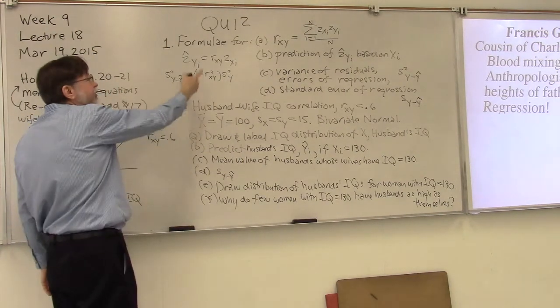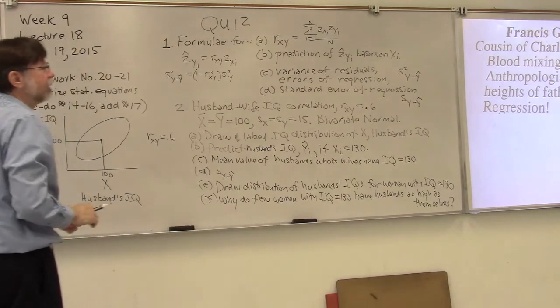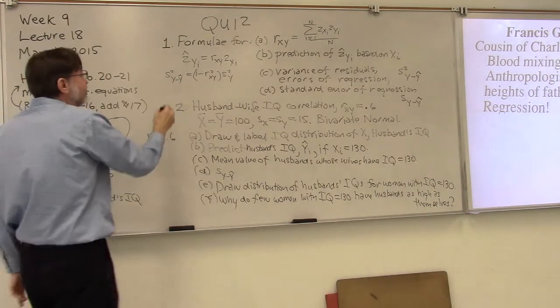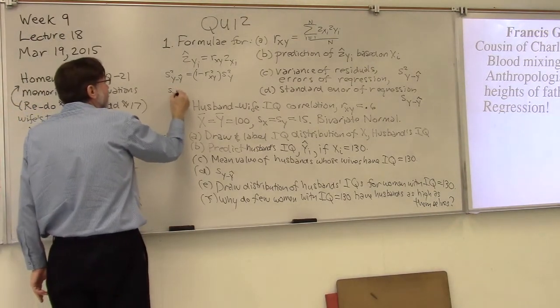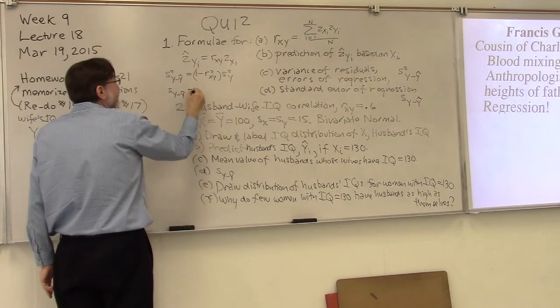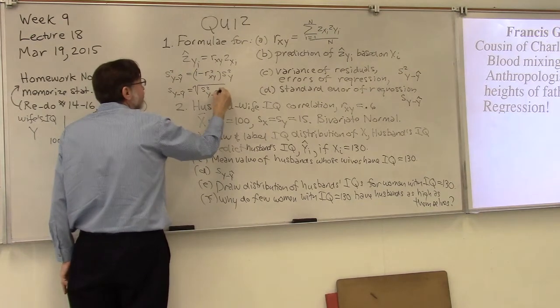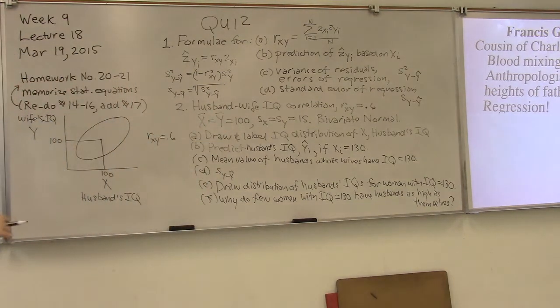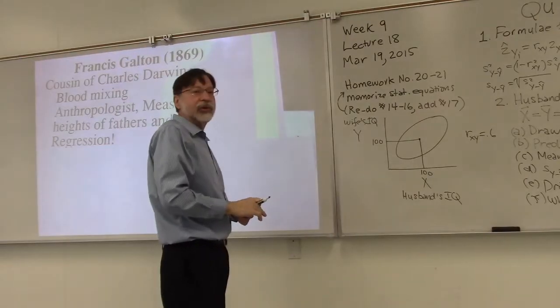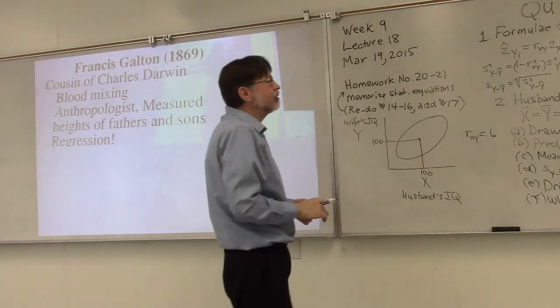So that's the third of the 3. Now the standard error of the regression is just the square root of that. So s of y minus y hat is the square root of s squared of y minus y hat. Taking the standard deviation is just taking the square root of the variance. And so those are the equations.